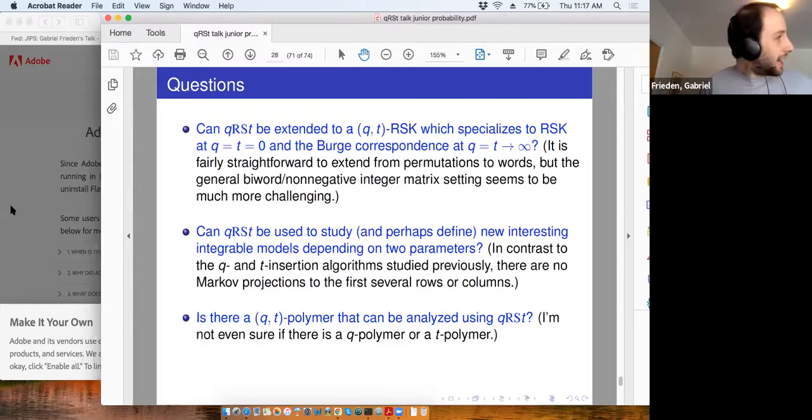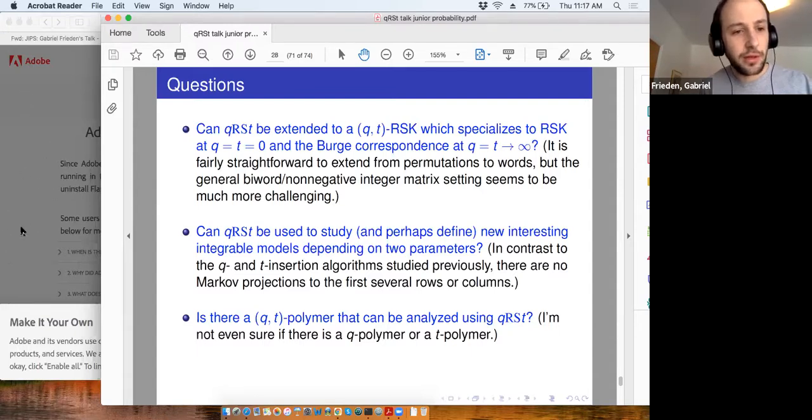Yeah, that might be interesting to do, but are there probabilistic models associated with the Jack limit? Random matrix models. Oh, really? Beta ensembles. Oh, I didn't know that. That's interesting.